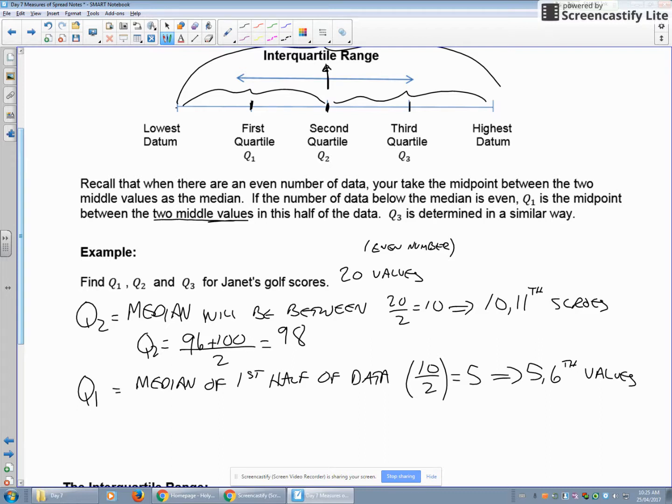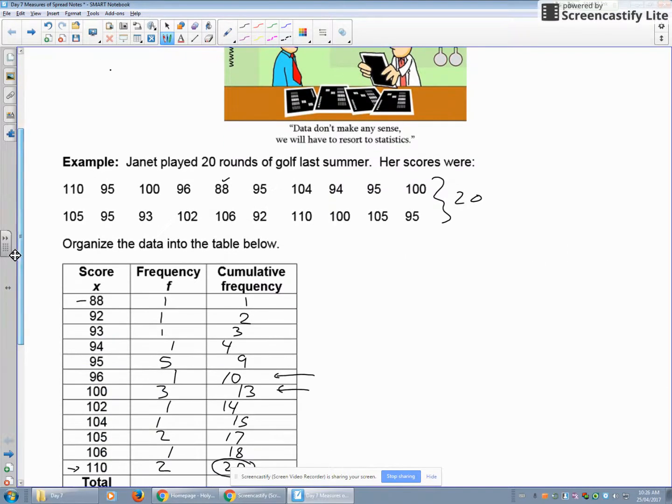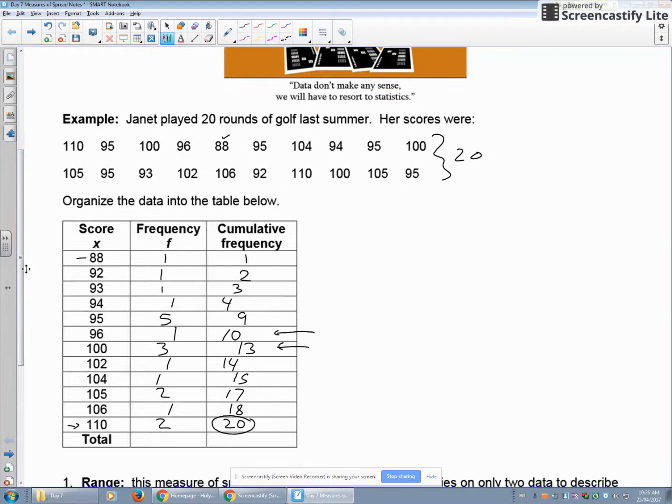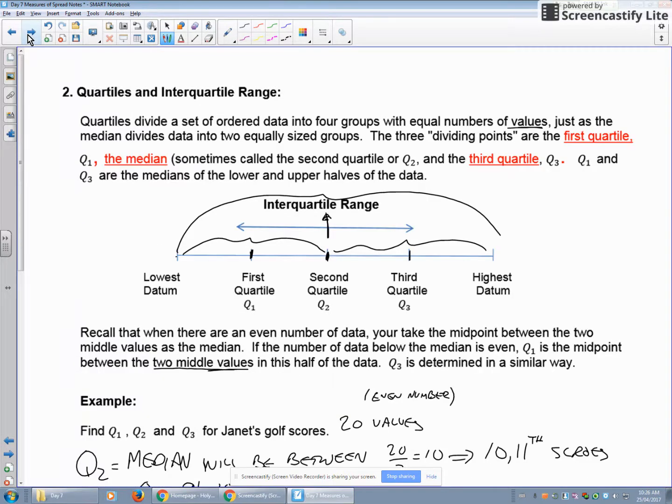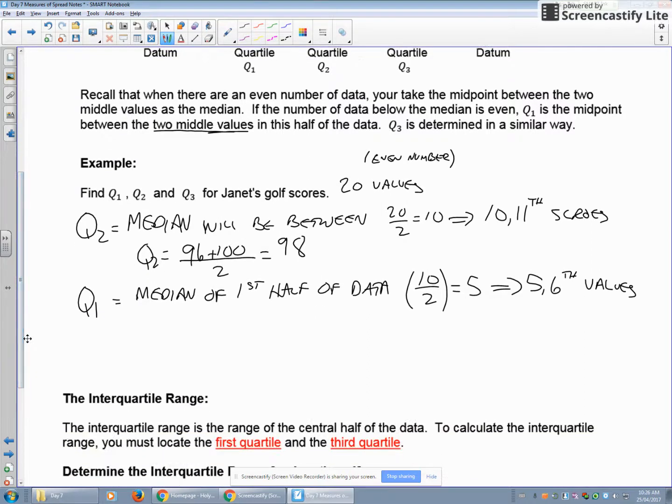So I have to go back and find out what was my 5th score in my table. Her 4th score was a 94. So her 5th score and her 6th score and her 7th and her 8th and her 9th were 95. So her 5th and 6th scores are 95. These are the same values, so it's just going to be 95. Technically, it's 95 plus 95 over 2, which, of course, is just 95. You didn't need to do that. It's just, had those values been different, that would be how we would apply it. So 95 represents her Q1, the first quartile.